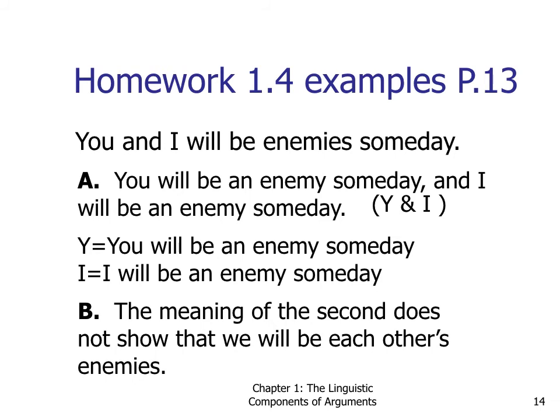When you say you and I will be enemies someday, you mean we will be each other's enemies. Whereas when you say you will be an enemy someday and I will be an enemy someday, that aspect of it is lost, where it just perhaps means that you will be somebody's enemy someday and I will be somebody's enemy someday. But it loses that idea that we will be each other's enemy.